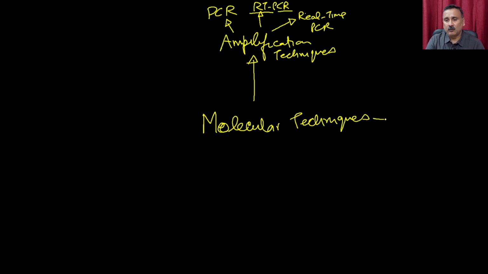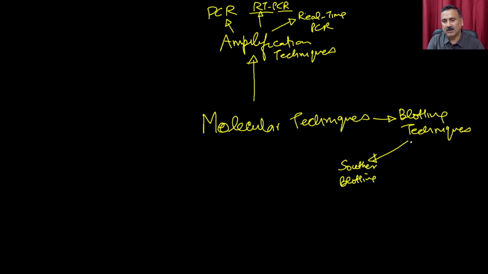Then apart from that, you can also have different types of blotting techniques. Within the blotting techniques, you can have the technique called southern blotting. You can have northern blotting, and you can also have western blotting, and you can also have eastern blotting.